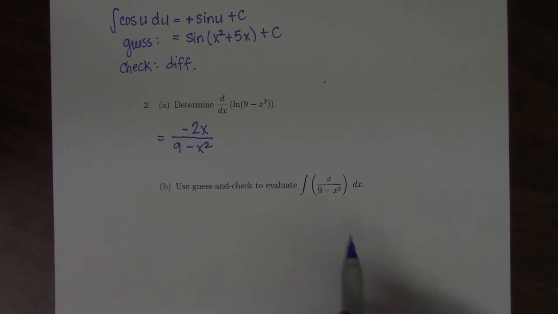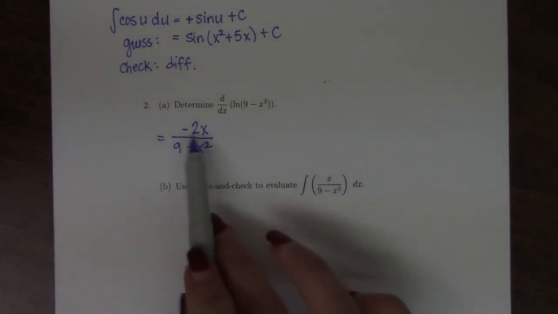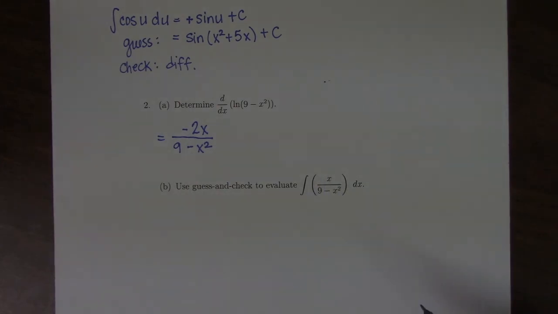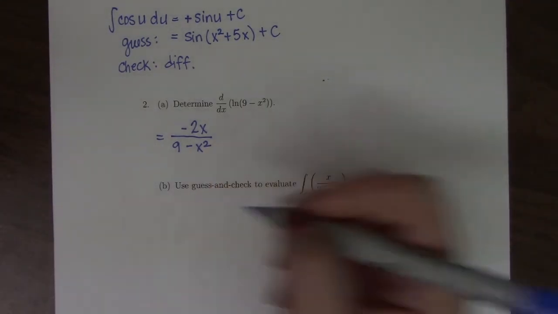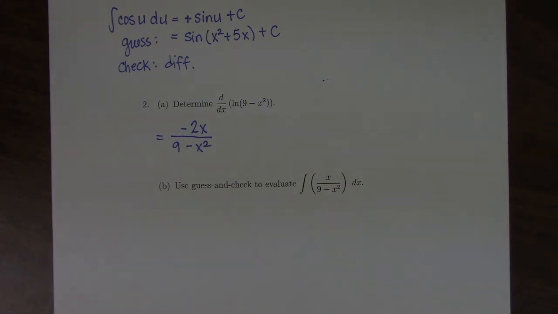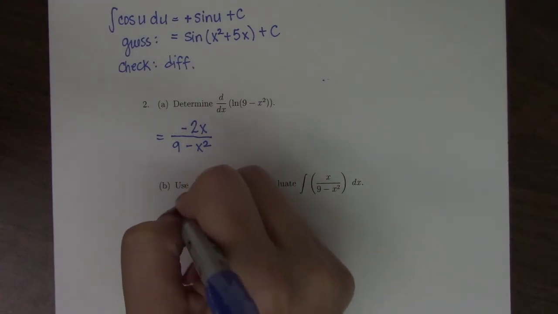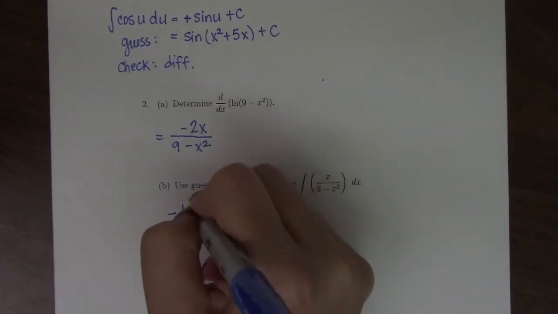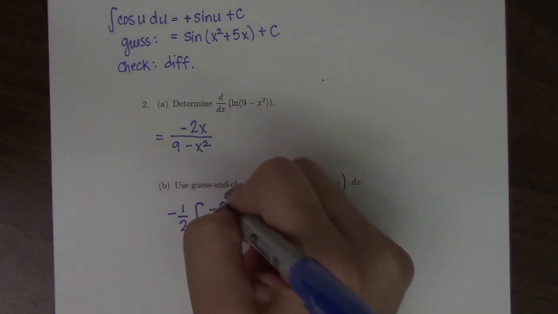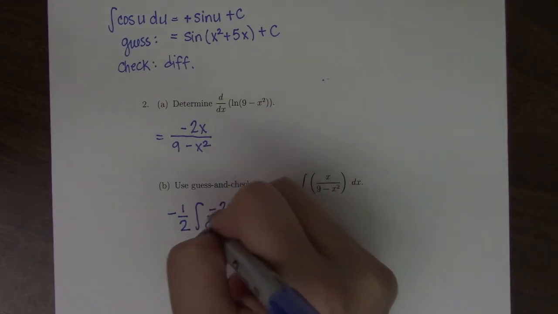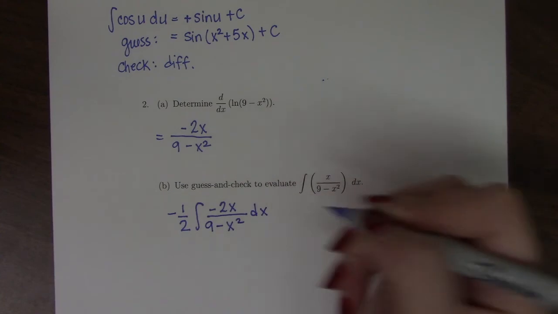Now if we look here, we want to integrate this, and this is kind of close to the derivative of that function. The only thing different between what's inside this integral and this derivative is the negative 2. So if I try to guess, I can say, well, if I multiply my integral by a negative 1/2 out front, and then because I'm multiplying the denominator by negative 2, I also multiply the numerator by negative 2.